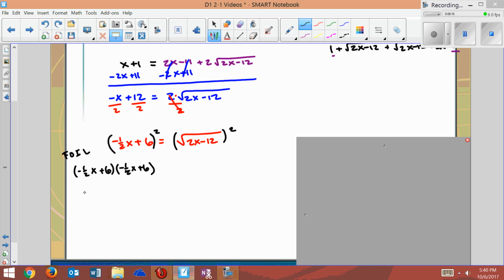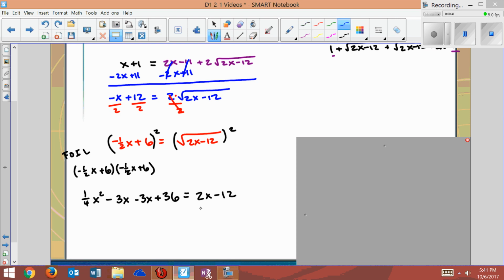For this FOIL, I multiply out. First times first gives me positive 1/4 x squared. Outside times outside is negative 3x. Inside times inside is another negative 3x plus 36. All that equals 2x minus 12. Now, if that wasn't enough, we got to combine some like terms.